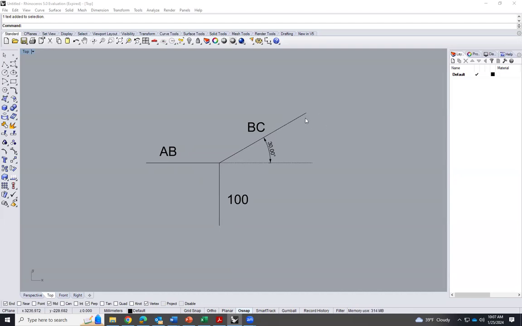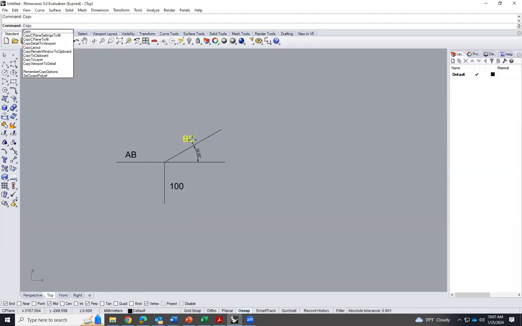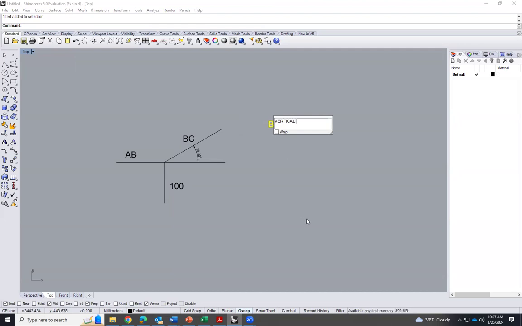Okay, so now we have to analyze this. So the first equation, copy this, and that's the vertical. So in this vertical, what do we have going down? 100.